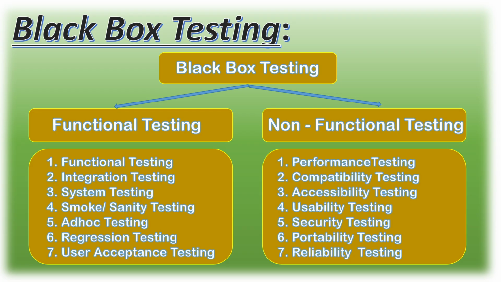Functional testing includes integration testing, system testing, smoke or sanity testing, ad hoc testing, regression testing, user acceptance testing, etc. Likewise, non-functional testing includes performance testing, compatibility testing, accessibility testing, usability testing, security testing, portability testing, and reliability testing.